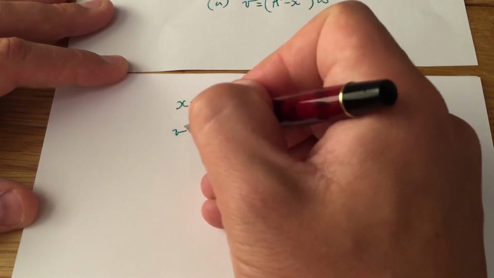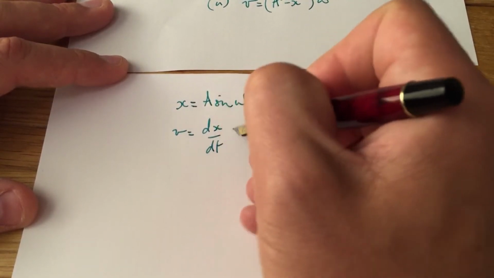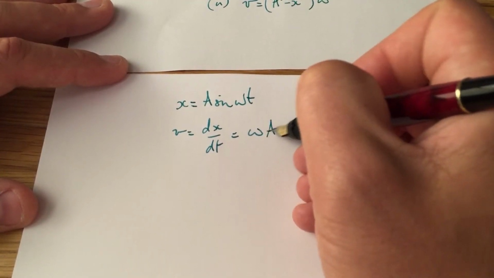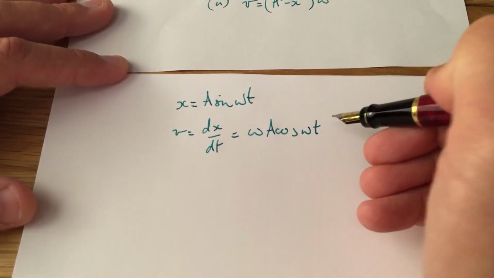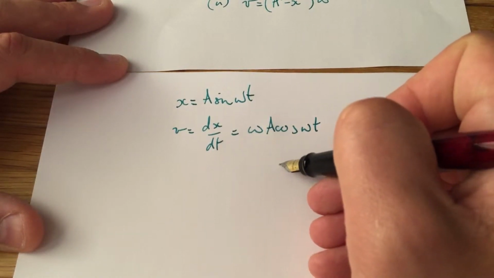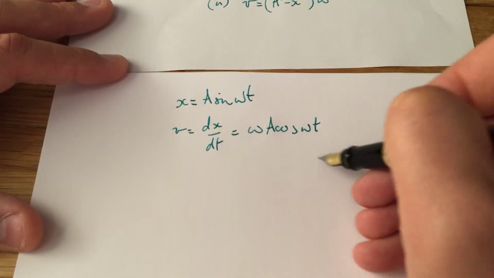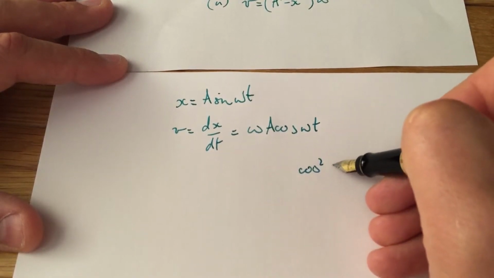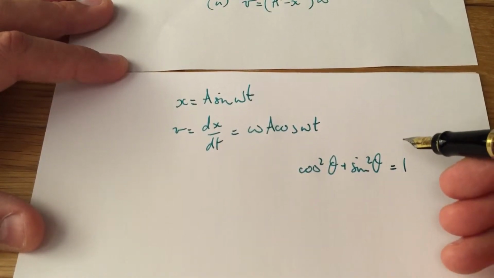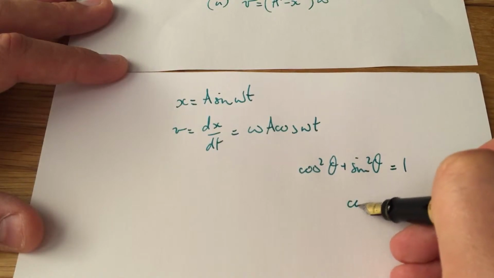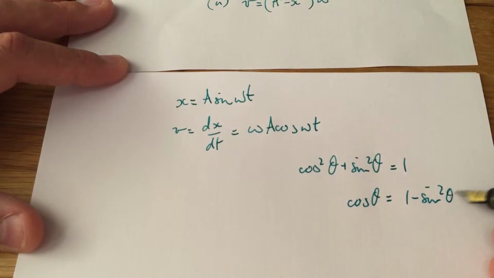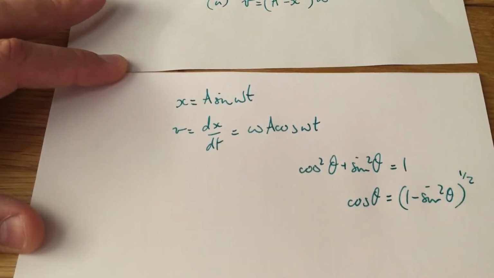So then v, which is dx by dt, I'm just checking to make sure this is right, is omega a cos omega t. If we use the identity that cos squared theta plus sine squared theta is equal to 1, then cos theta is going to be the root of 1 minus sine squared theta.